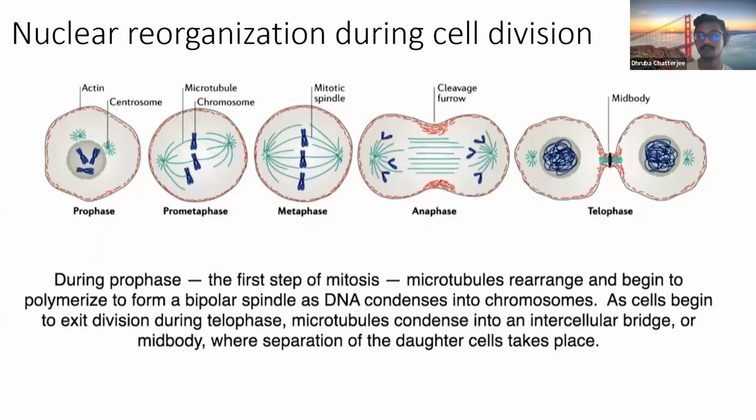Then at the metaphase stage, each chromosome, having a pair of sister chromatids, is arranged in the metaphase plate at the center of the cell, in complete readiness to segregate, which happens in anaphase.